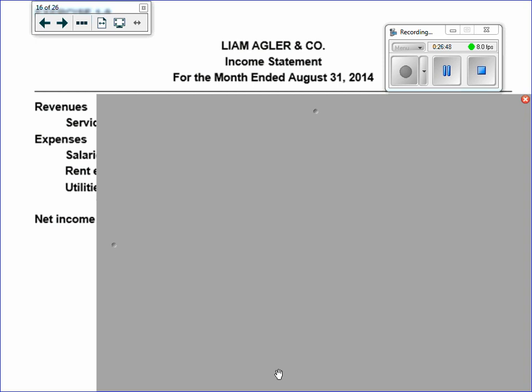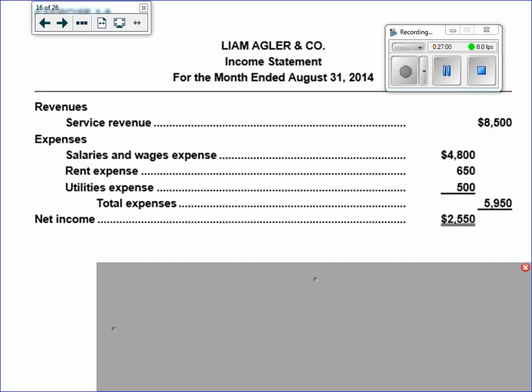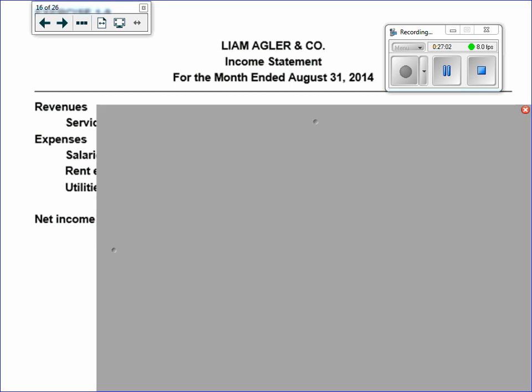Revenue was $8,500. Expenses, I can't do the math in my head. I don't have the number. What do you guys have? Yeah, that's right. 5,950. Revenue and expenses show up on the income statement. Put little ISs next to those. 5,950.